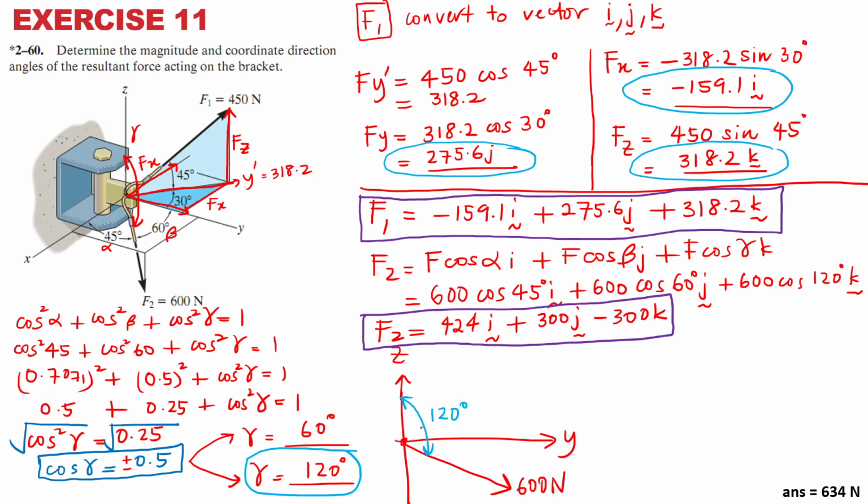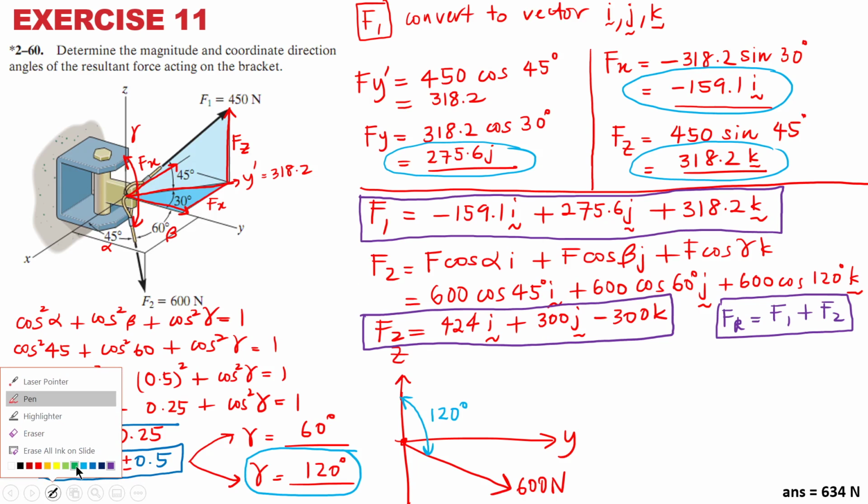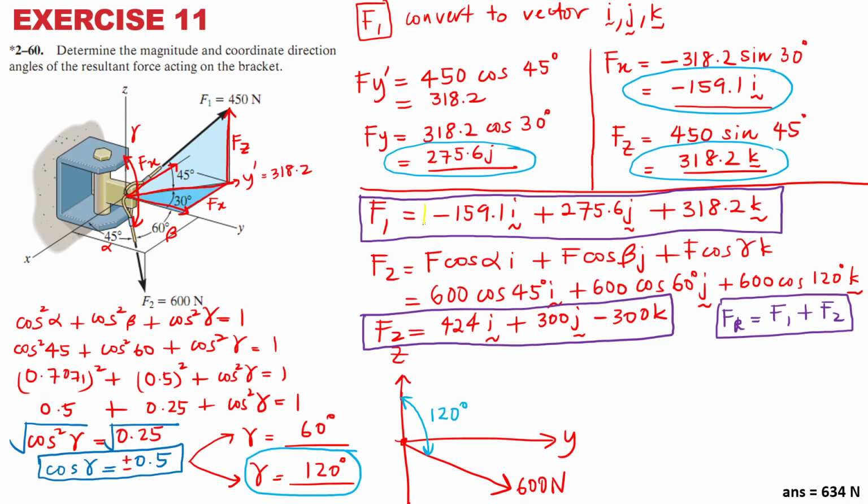So in order to solve this properly, you need to solve the resultant. F resultant will be equivalent to F1 plus F2. Yeah, F1 plus F2. So what are the values? So you have to add them properly. I component, you have to look at all your i's.